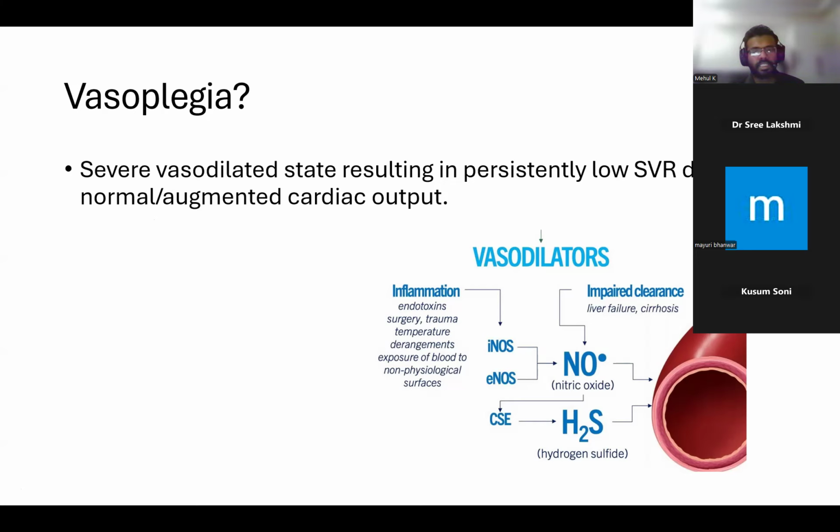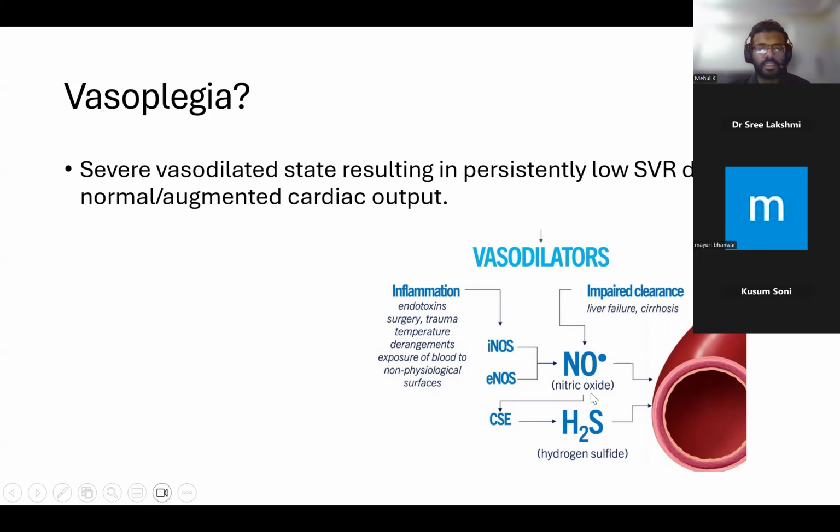The basic pathophysiology is either due to excessive inflammation, like in sepsis, or it could be due to cirrhosis. Cirrhosis is basically a vasodilated state, and you have an excess of things like nitric oxide.